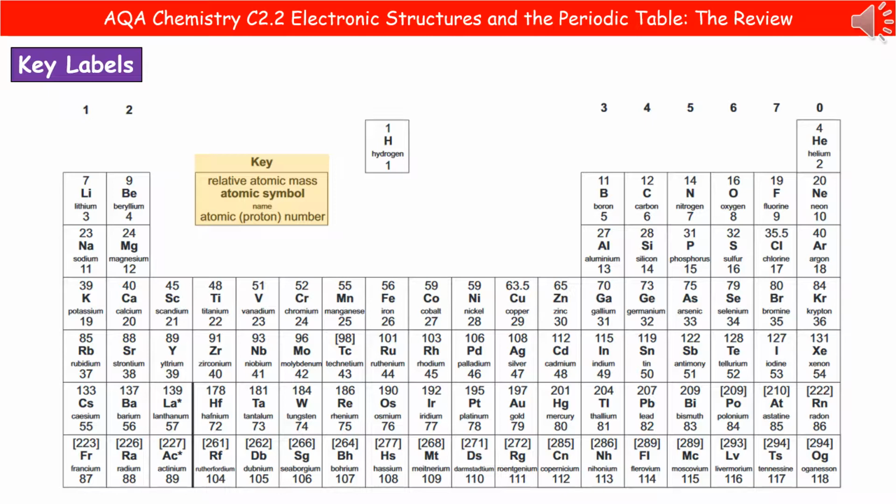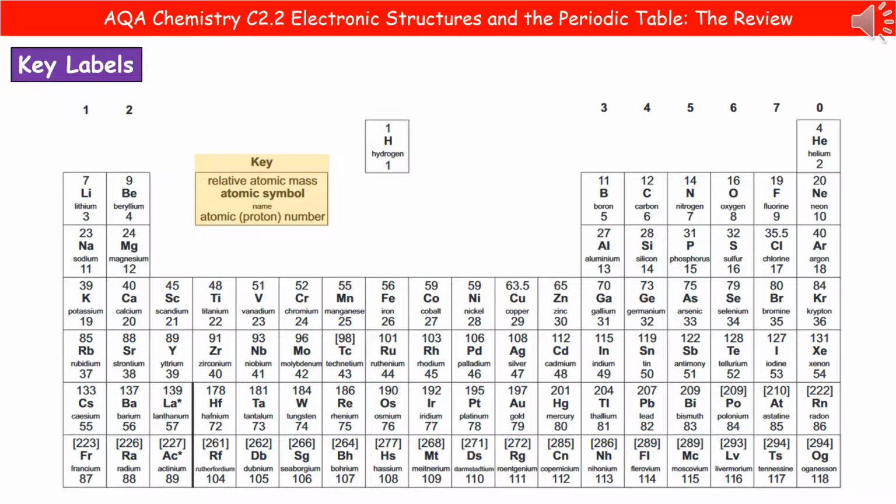So the good news is that when you sit any of your chemistry exams, you will be given a copy of the periodic table by AQA. So the copy that you get is the one you can see here. Now, the first bit of good information to remember is the bit I've highlighted in yellow there, which is a key.